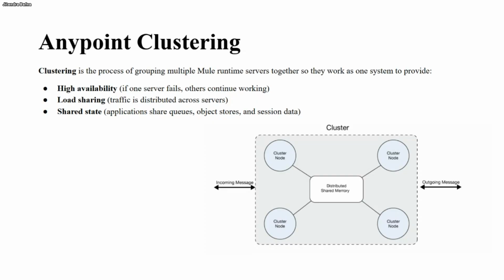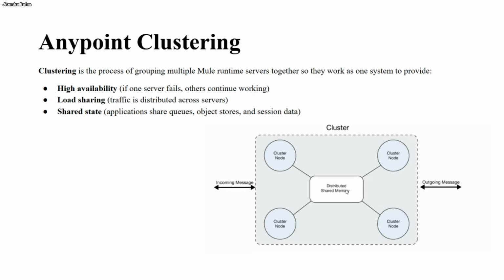If you are not using clustering, those object stores and VMQs will not be shared across the applications. Each application will have its own object store and they will be out of sync. In case of clustering, it automatically takes care of synchronization of object stores and shared queues. It uses distributed shared memory, and that memory uses Hazelcast in the backend.